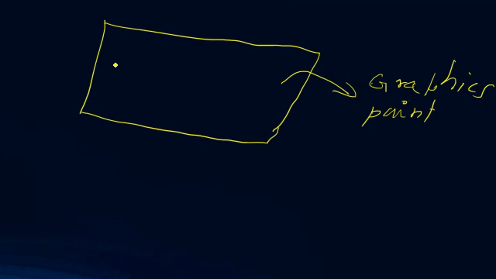The paint method receives a graphics object, and we can use that graphics object to perform drawing inside this frame window, the entire window. If you see, I'm marking everything. So this includes your frame window title area also.